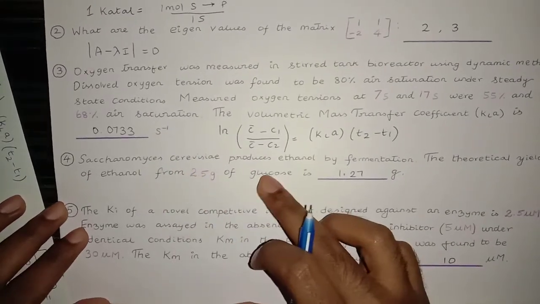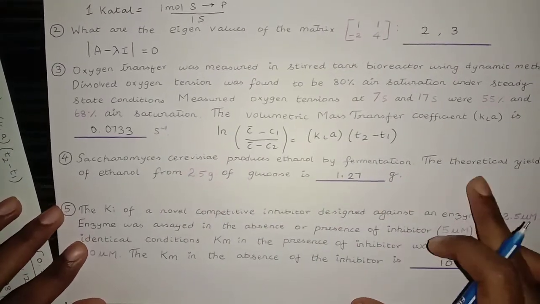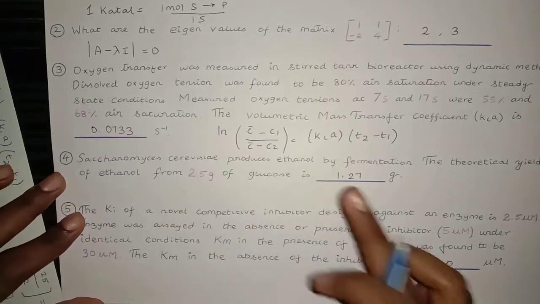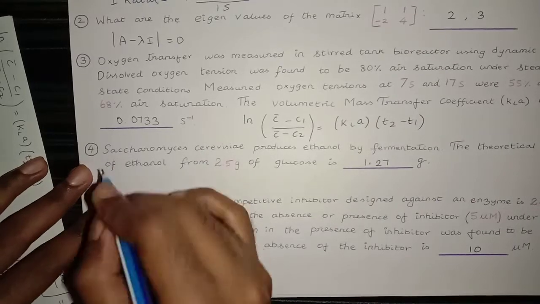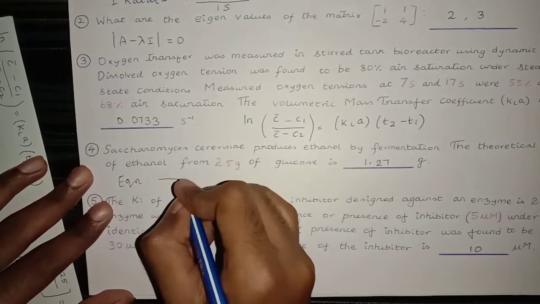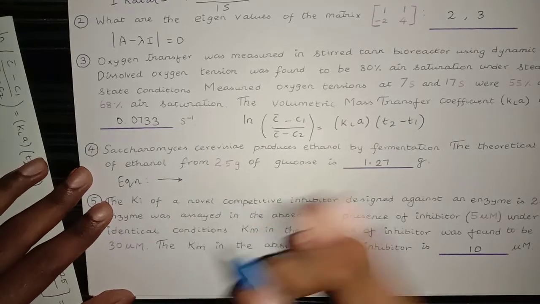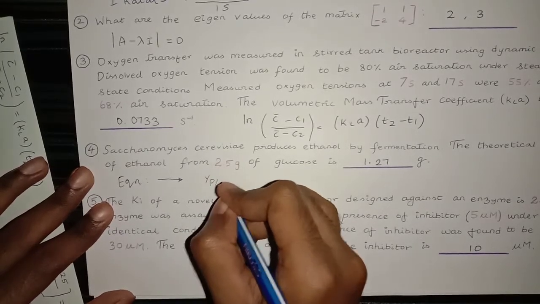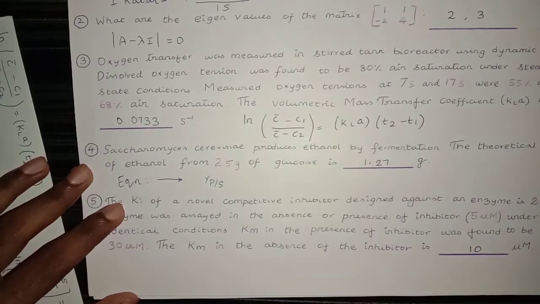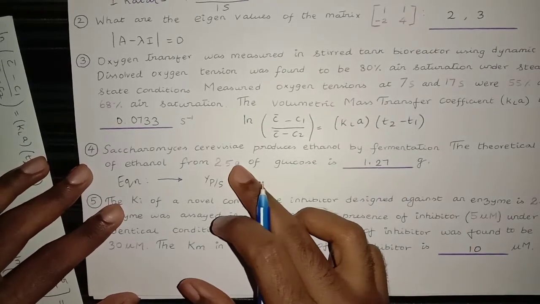And Saccharomyces cerevisiae produces ethanol by fermentation. The theoretical yield of ethanol from 2.5 grams of glucose is. The approach is we need to write the equation that governs the fermentation, and from this we need to deduce the YP bar as the yield coefficient, that is how many grams of product is formed per gram of glucose, and multiply by the grams of substrate.